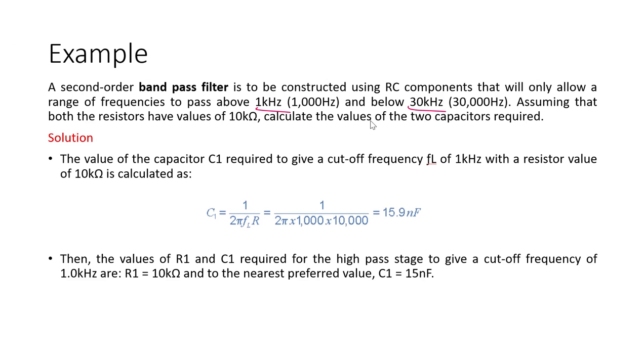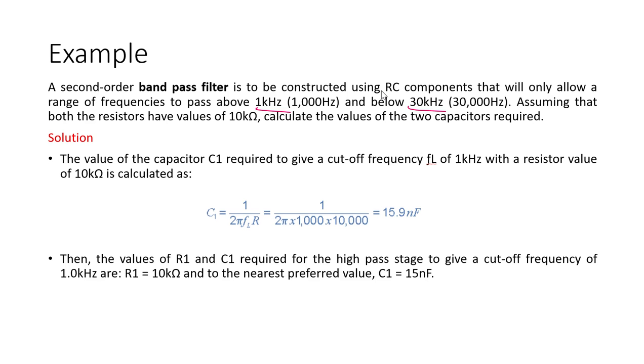So this is a system allowing, let's say, an audible range from 1K to 30K, which is an elevated audible range compared to 20K, for some encryption or for better performance. Assuming that both the resistances are 10K, calculate the value of capacitances.